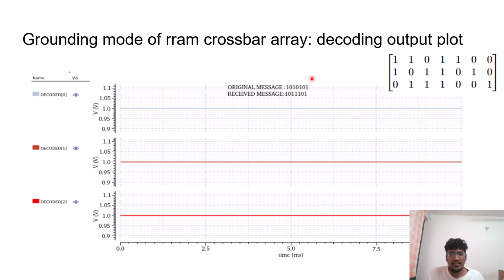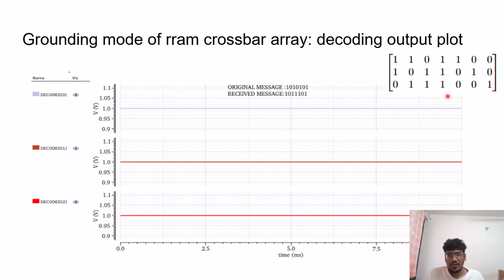This is the message signal that we obtained from the encoder matrix, and we intentionally flipped a bit from the message signal and fed it to the decoder circuit. We flipped the message signal so that we can verify whether our decoding circuit is working or not. Here we can see that the output of the decoding circuit is 111, which is the syndrome vector.